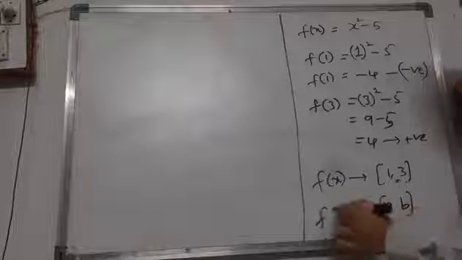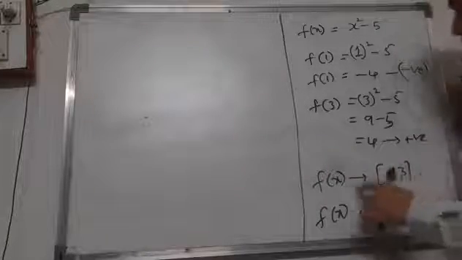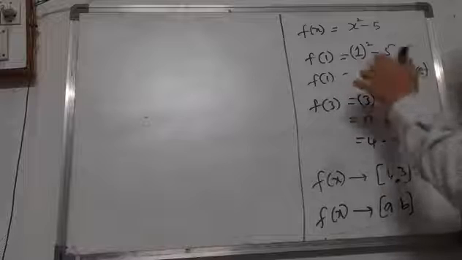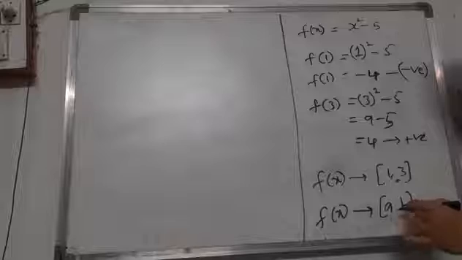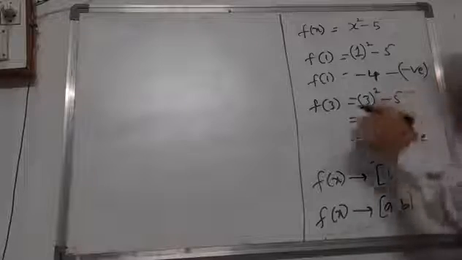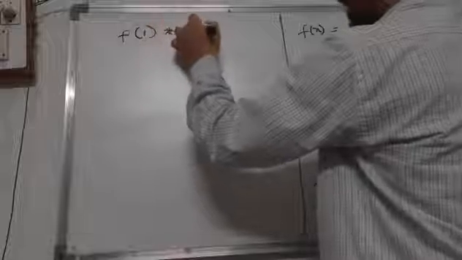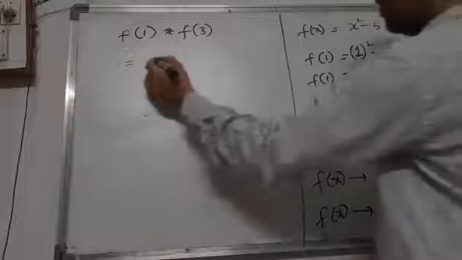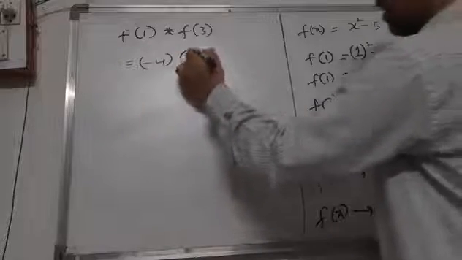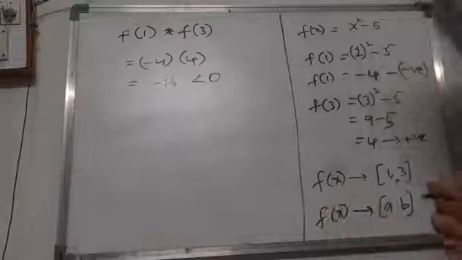We have got the interval a, b. f of a is negative and f of b is positive. So f of a into f of b is negative, that is f of 1 into f of 3. f of 1 is minus 4 and f of 3 is plus 4, so how much do you get? Minus 16. This is less than 0.